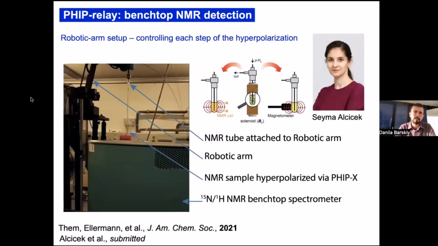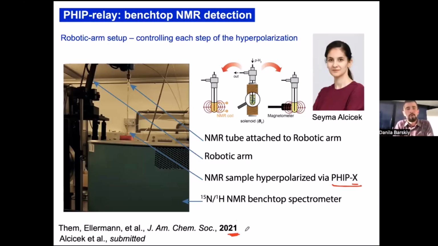And as I said, in parahydrogen-induced polarization, you can use SABRE, you can use PHIP, and you can relay this hyperpolarization further by using further reactions. The previous example of methanol was an example of using SABRE. Here I want to show a few slides of using PHIP. It was introduced in the literature as PHIP-X, where X stands for exchange, quite recently by our colleagues, Professor Hövener and coworkers. Personally, I think it would be great not to invent too many terms, but rather to use somewhat unified terminology.